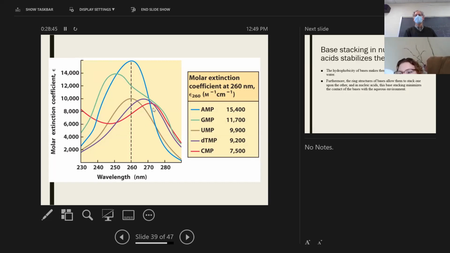Cytosine's maximum is more like 274. Deoxythymidylate peaks just on the shy side of 270, more like 268 or so. And guanosine peaks over here, roughly 250, more like 247. But if you hit 260, that will work for all of them.